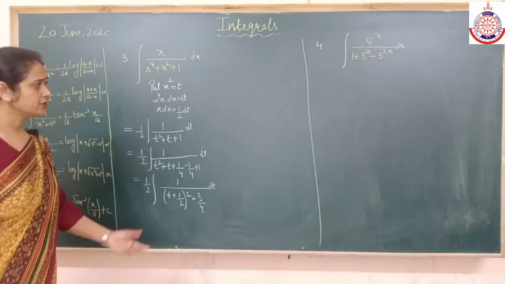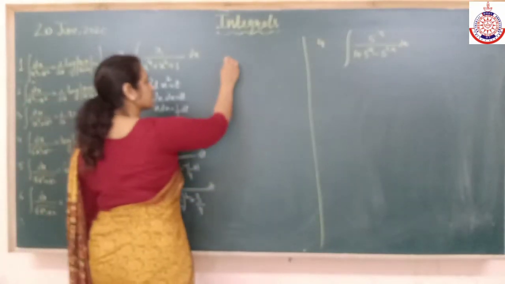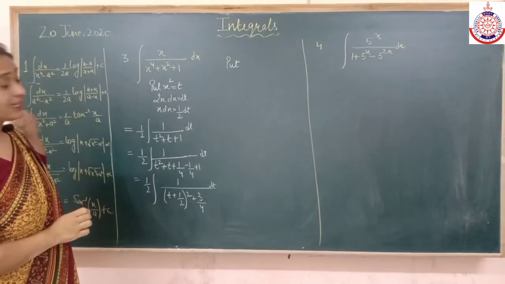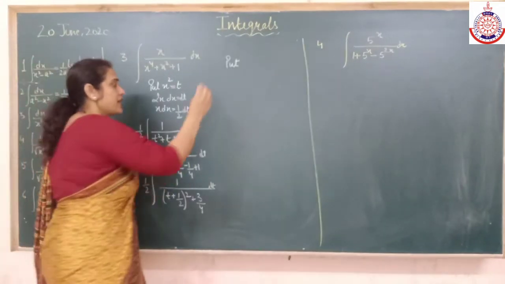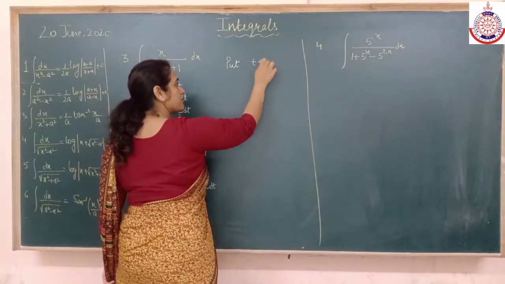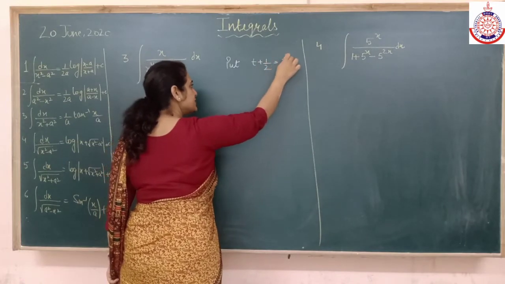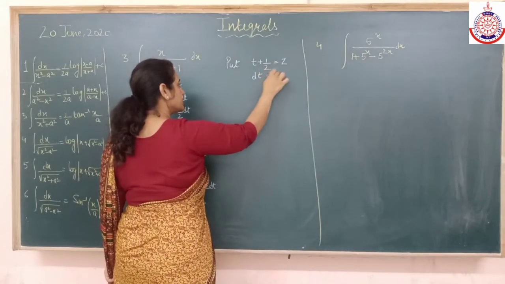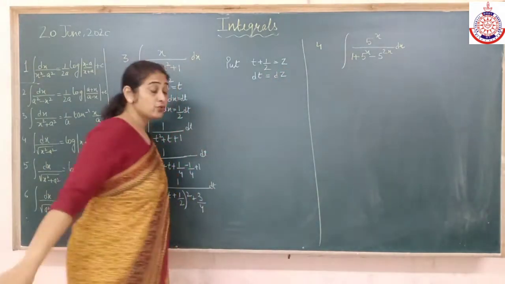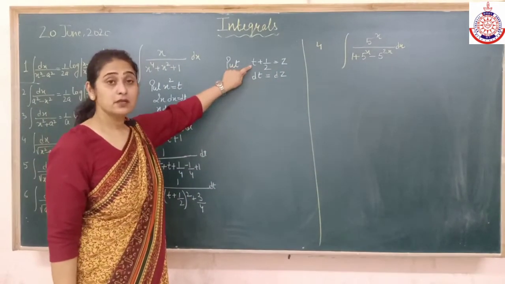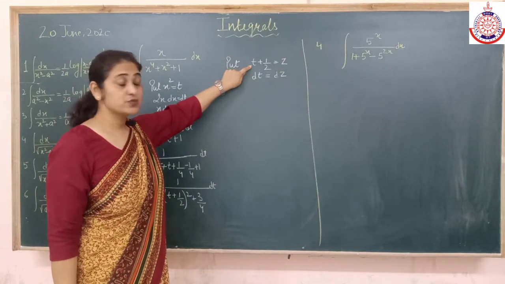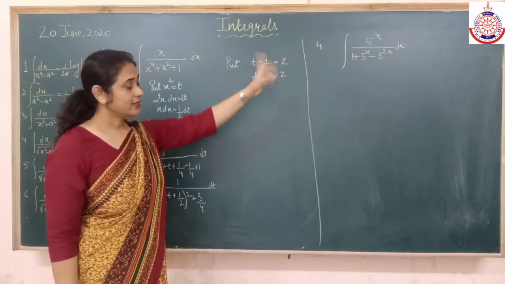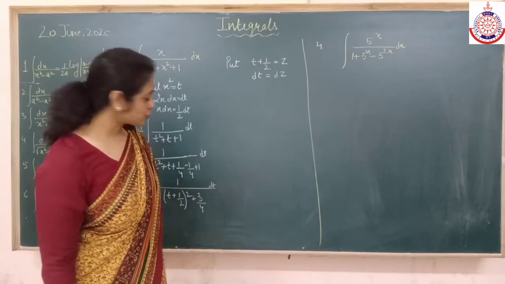Now, to bring it to the proper form so that you can correlate with one of the forms, I'll put t plus 1 by 2 as say z. Differentiate with respect to z: the differentiation of t is 1, because it is with respect to z, it is dt upon dz. The derivative of 1 by 2 is 0, z gives 1, dz goes that side, dt is equal to dz.